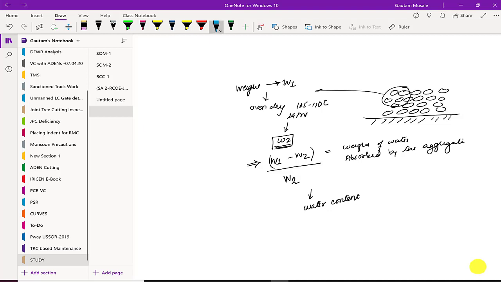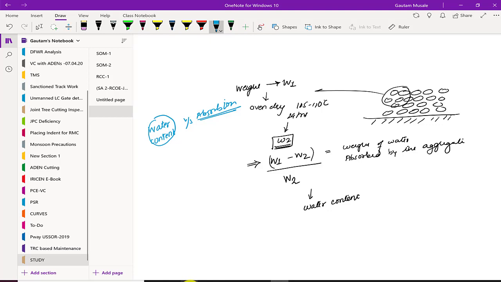Can anybody tell me the difference between water content versus water absorption? Water absorption is basically the capacity of the aggregate to absorb water, that is, how much maximum water it can absorb, while water content is the amount of water actually present at any point of time.